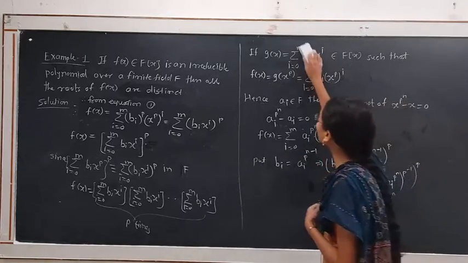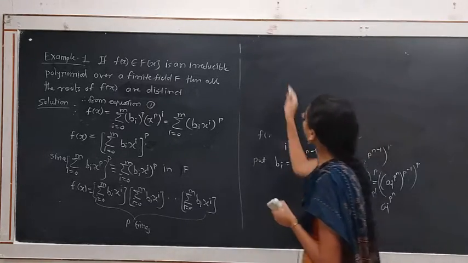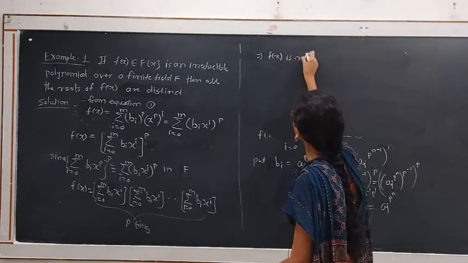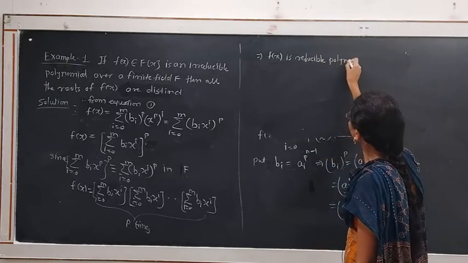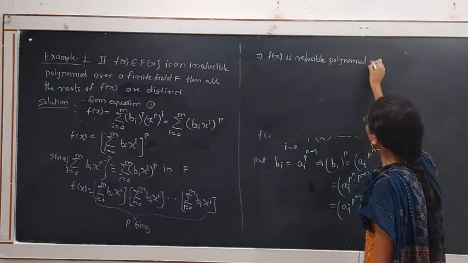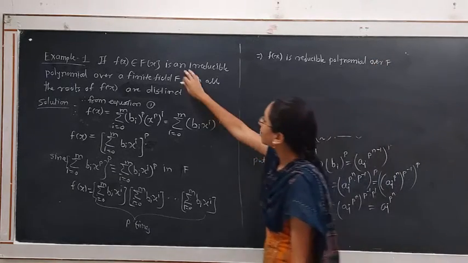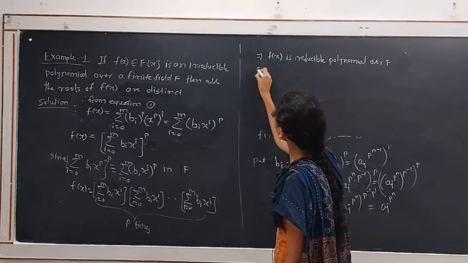By the definition of a reducible polynomial, the last step tells that f(x) is reducible over F. A contradiction to the given f(x) being an irreducible polynomial over a finite field F.